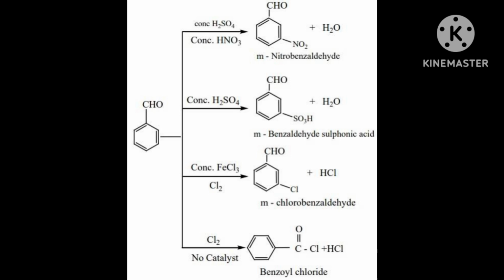Then H plus and H minus will reach the second one: H plus will go to the O minus and form OH, and H minus will join the C plus of the second molecule of formaldehyde.